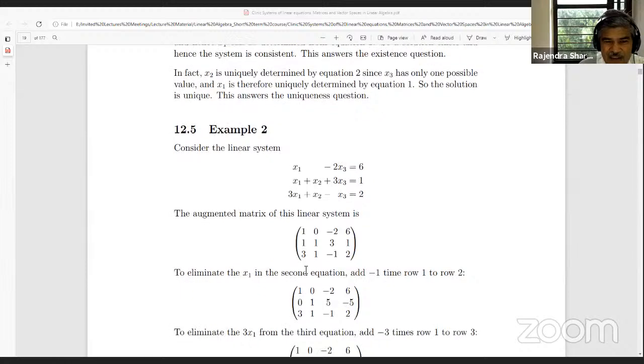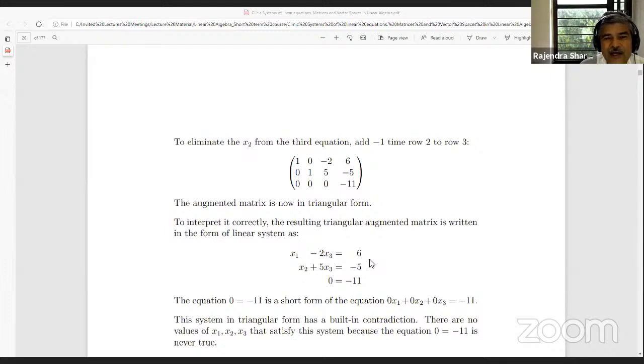And this is another example here. x1 minus 2x3 is 6. x1 plus x2 plus x3 is 1. 3x1 plus x2 minus x3 is 2. And now we need not perform the operations on the equations of the system. If we choose to do this with the augmented matrix of this system of linear equations, then we get that it is row equivalent to 1, 0, minus 2, 6, 0, 1, 5, minus 5, and 0, 0, 0, minus 11.